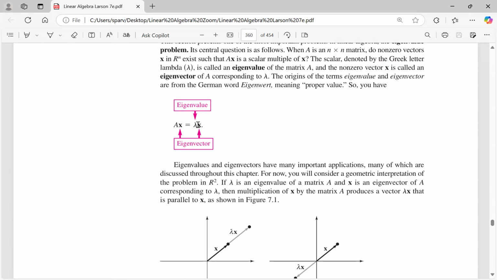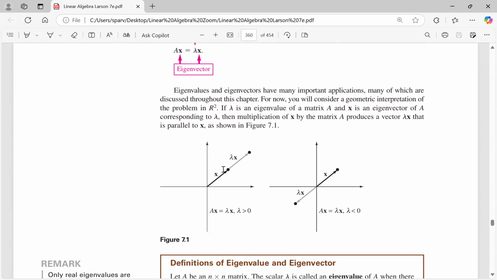Now, the non-zero vector X is called the eigenvector of the square matrix A, corresponding to lambda. And again, lambda X is a vector parallel to vector X.